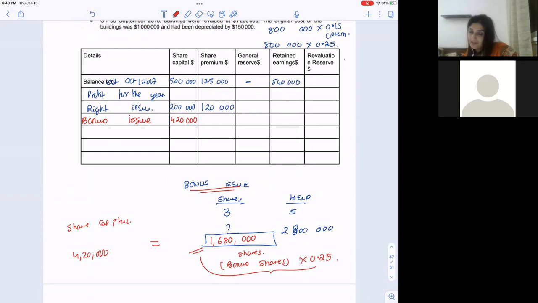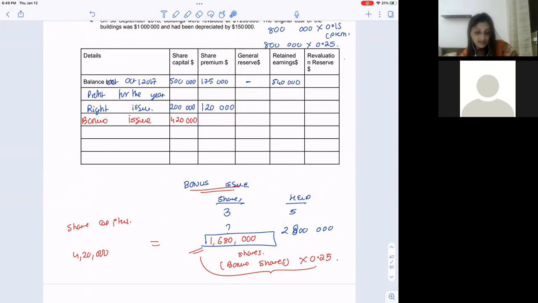Now this money, from where are you going to give it? From retained earnings? No. First you will use capital reserves, then you will use revenue reserves. How much amount is there in your capital reserves? Share premium is a capital reserve.